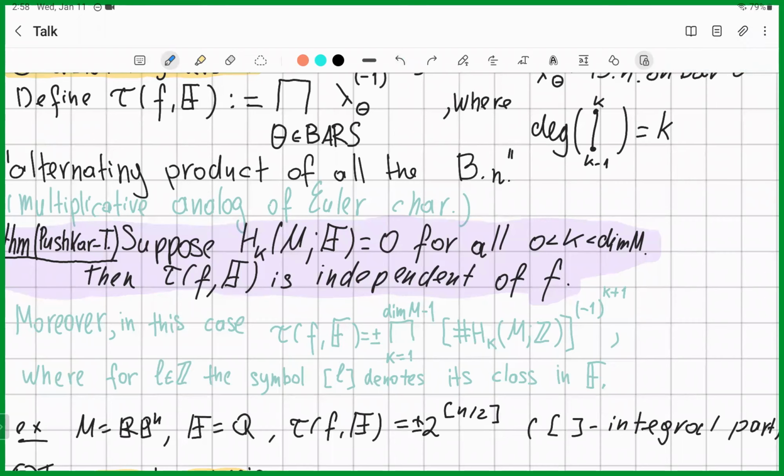I see. And can I ask you, in general, if you take different fields, is there any reasonable formula that allows you to go from one to another, between these taus for different fields? For different fields, I'm not sure about it. That depends on whether you consider this formula to be reasonable. These brackets denote that you take the natural number and you consider it in the field F, and then you take the inverse in this field.